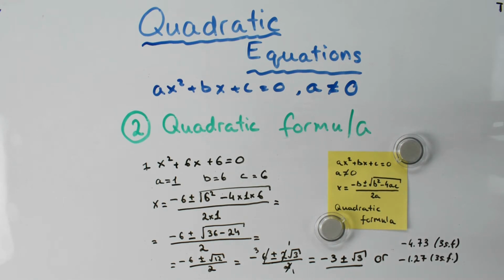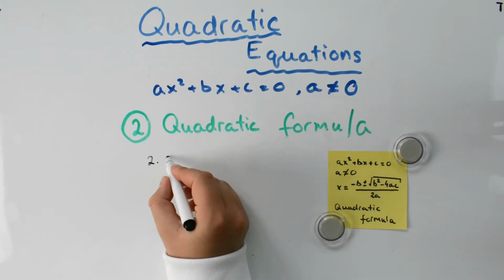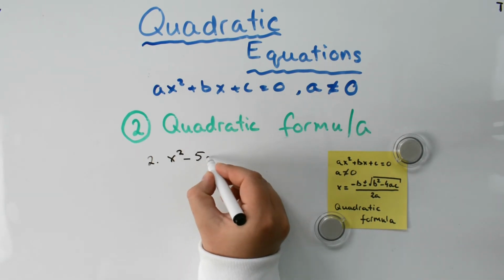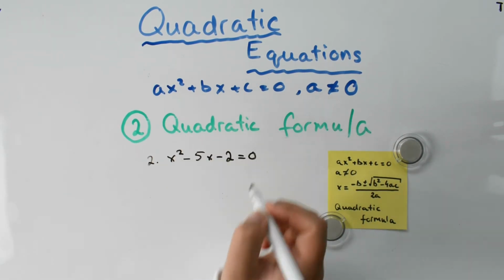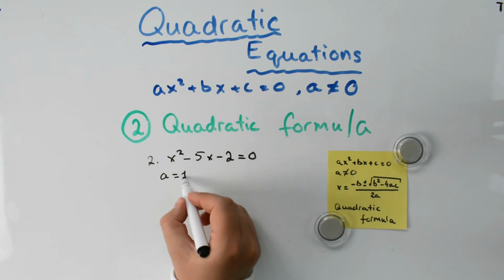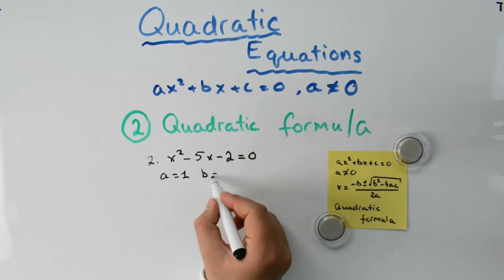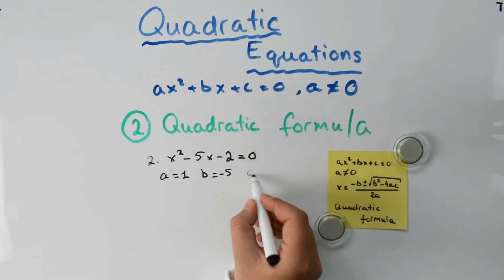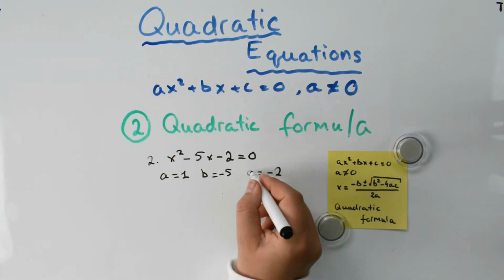Our next example is x squared minus 5x minus 2 equals 0. Again, I'm gonna write a, b and c. In this example, b and c are negative numbers, so this is important not to forget when using the quadratic formula.